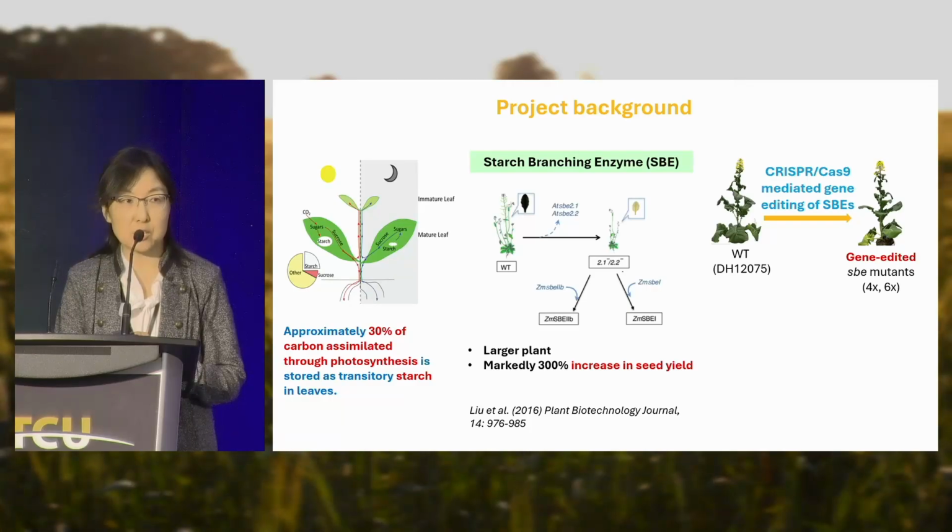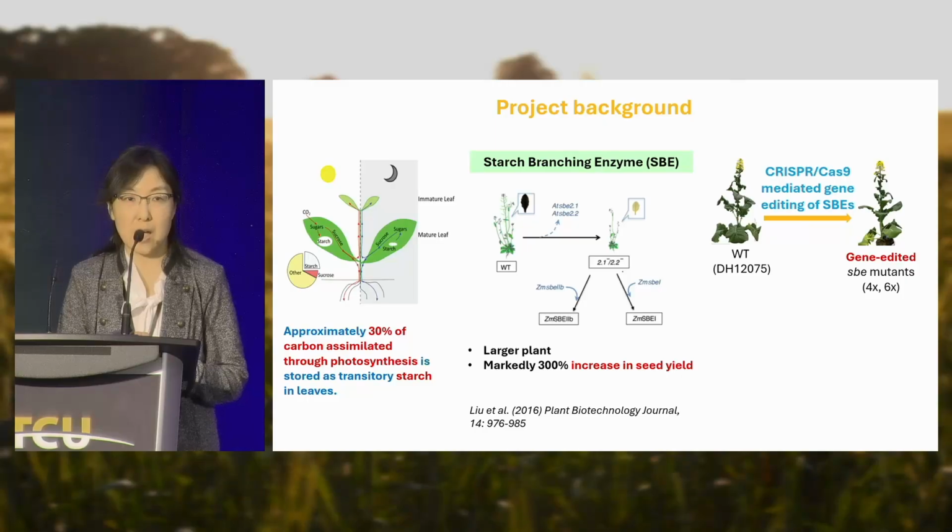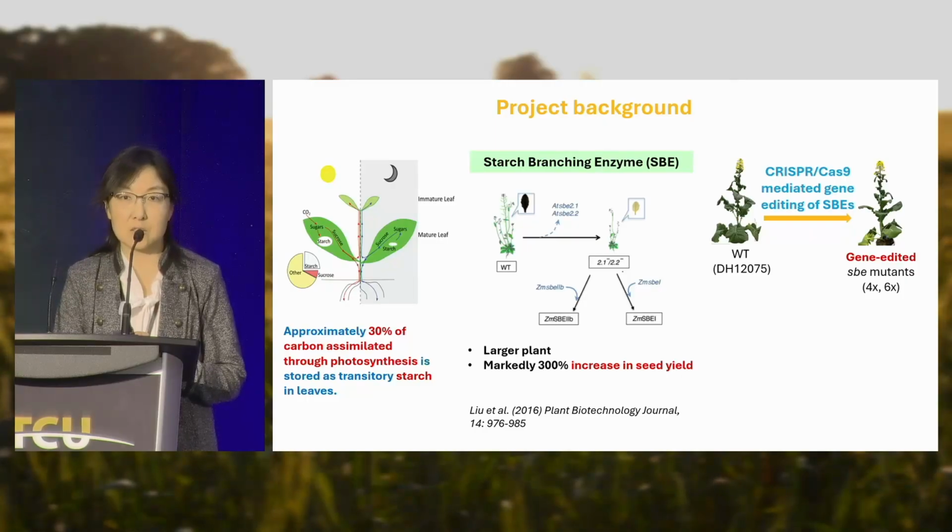I have to mention that there are a total of 6 SBE genes in canola. In our 6X, one mutation still has a frame shift causing residual enzyme activity, so this 6 knockout still has residual starch content.